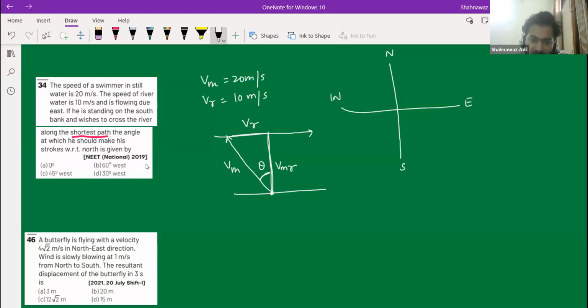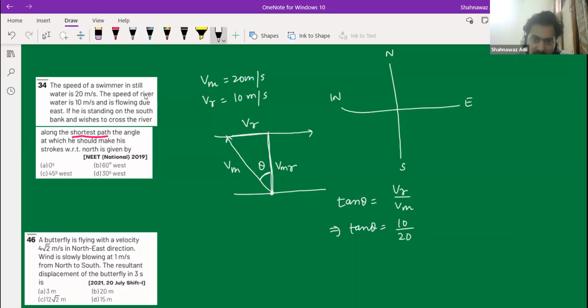So what is the angle? We know what VR is and what VM is. These things we already did. So tan theta would be how much? This would be simply VR by VM, right? VR is 10, and this is 20.